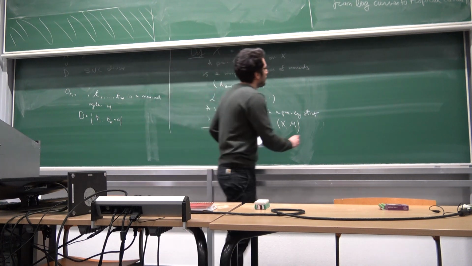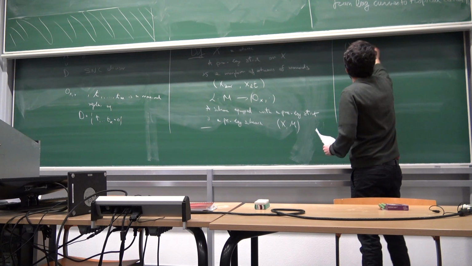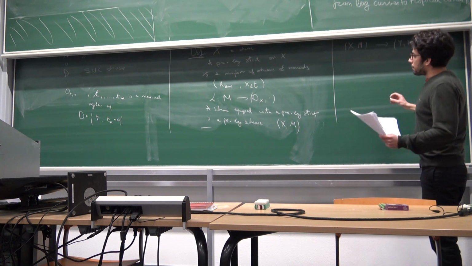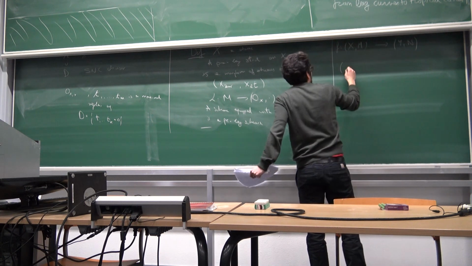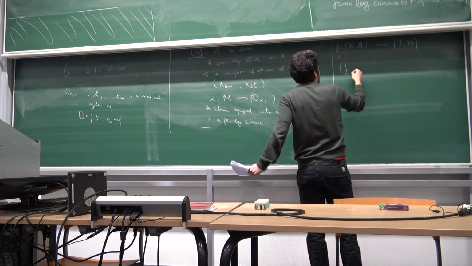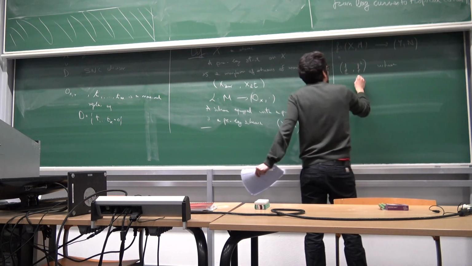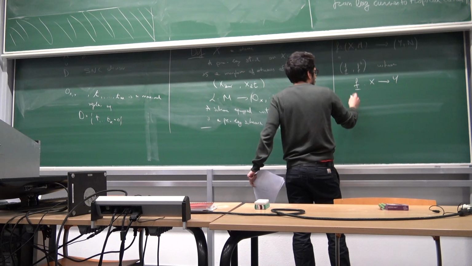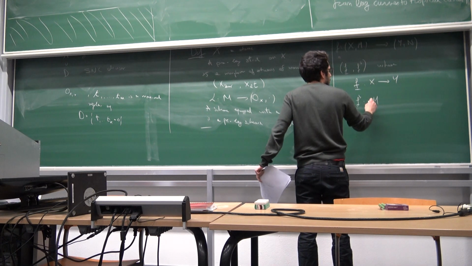And now, if we have two pre-log schemes, then a morphism between them is the following. It's actually a couple, f underline and f sharp, where this is just a morphism of the underlying schemes, and this is a morphism of sheaves of monoids.